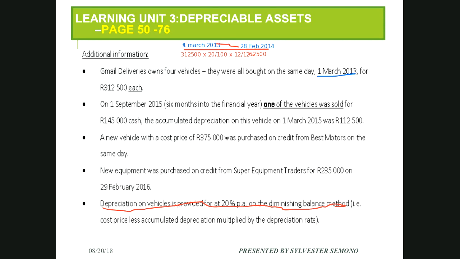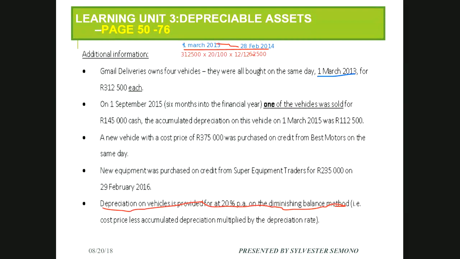If you calculate using your calculator, do you get that 62,500? Double check: 12 over 12 times 20 divided by 100. Yes, 62,500. Remember, I'm depreciating till the date of sale.